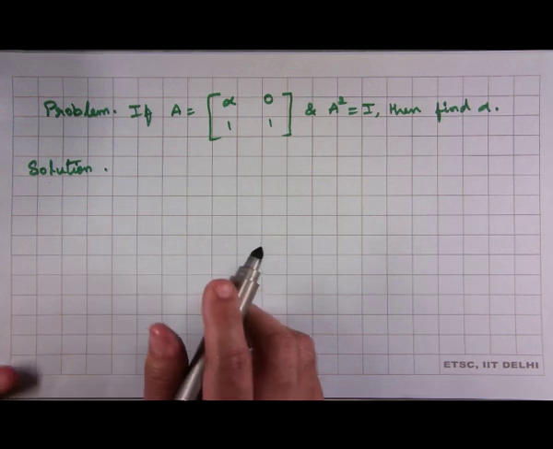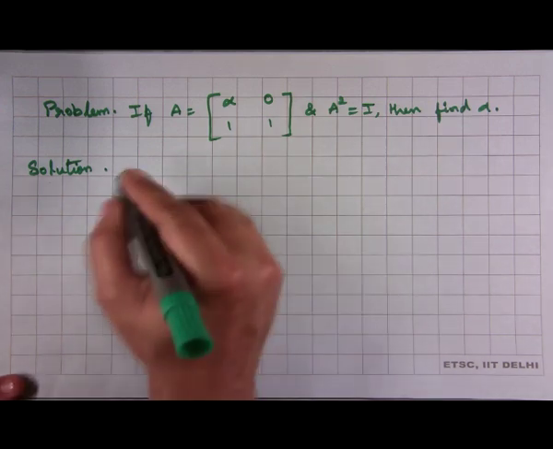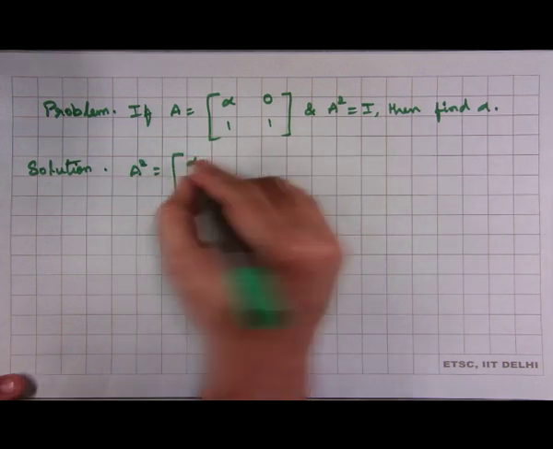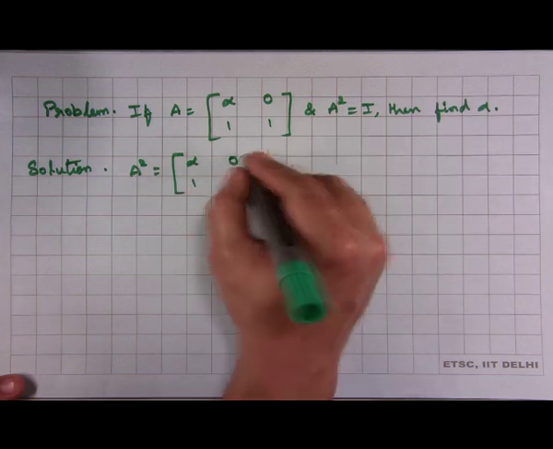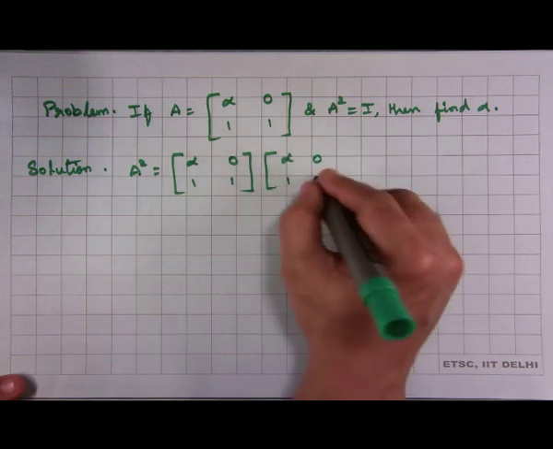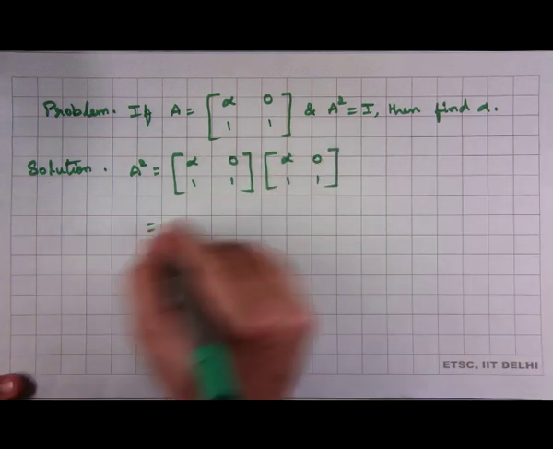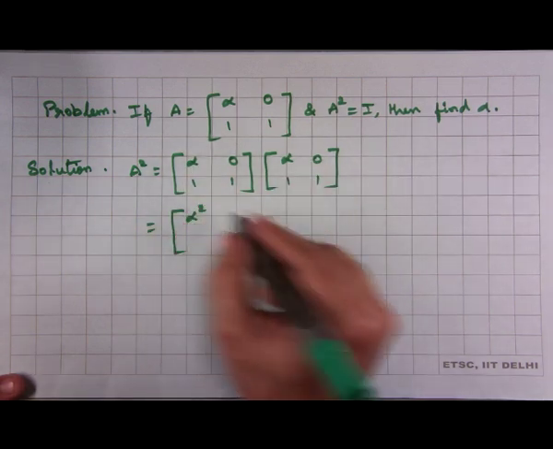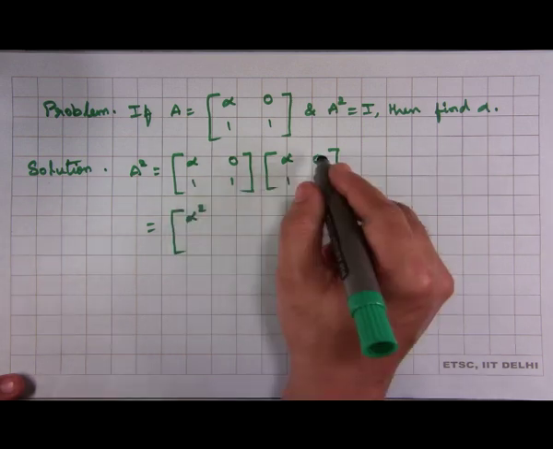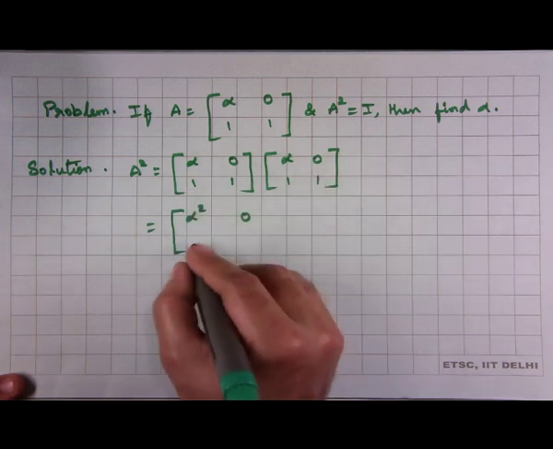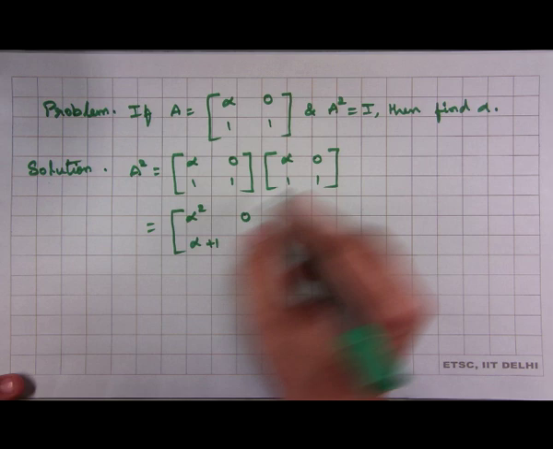To use this, let us calculate A squared, which is alpha 0, 1 1, times alpha 0, 1 1, which is alpha squared 0, alpha plus 1 1.